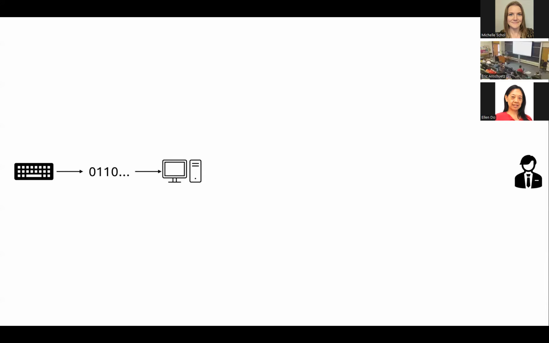Well, in our standard model of computation, you can think of being some end user. You're trying to type some input to some program. So you type some bit string or you type some ASCII that gets turned into bit strings. And then your computer reads it in, and then it runs some subroutines. So the internal state of the computation that's going on is going to be represented by some bit string.